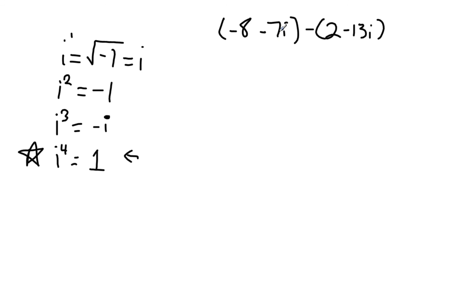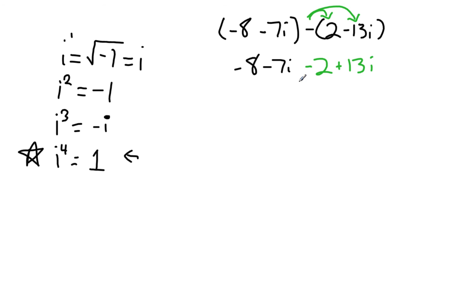Okay, so we're not actually using FOIL or FLOY. We're just subtracting these two. So we're going to distribute out this negative, and then this is going to be super easy. So negative times 2 is negative 2. Negative 13i is going to be positive 13i. And all this stuff over here is just going to be this stuff over here. It doesn't even need to be in parentheses.